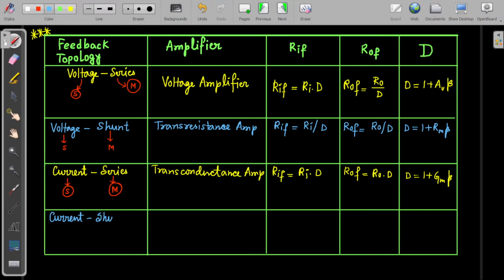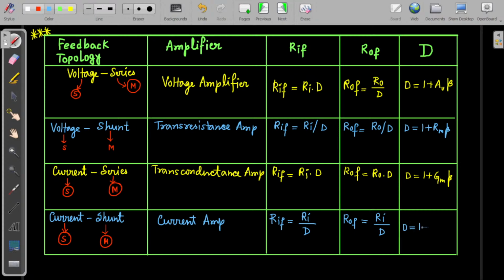Now let's go for the last one, that is the current shunt. current shunt वाले केस में क्या हो रहा है? current shunt वाले केस में आपका जो करंट है, ये करंट इज डिनोटिंग द सैम्पलर एंड द शंट इज डिनोटिंग द मिक्सर. सो दैट्स वाई यहाँ पे जो इक्विवेलेंट एम्पलीफायर था वो था आपका करंट एम्पलीफायर. एंड इन दिस केस द इनपुट इम्पीडेंस after feedback, that is the overall input impedance of the feedback amplifier, was the basic amplifier input impedance divided by the desensitivity factor, and the overall output impedance was the output impedance R0 into D. And what was D?